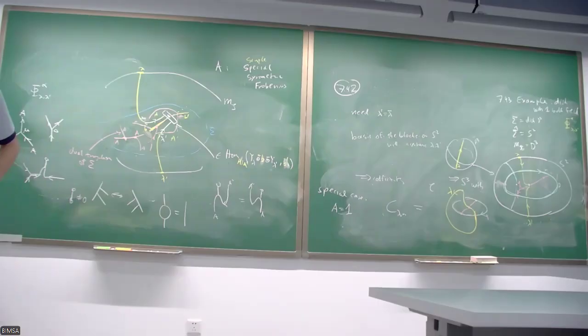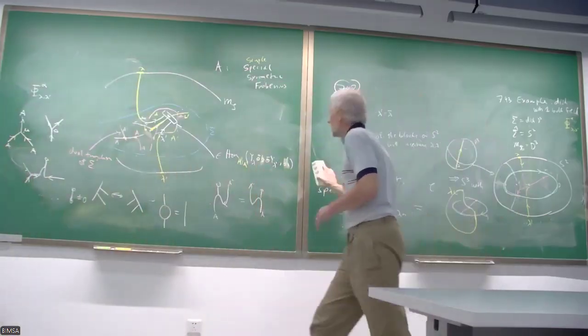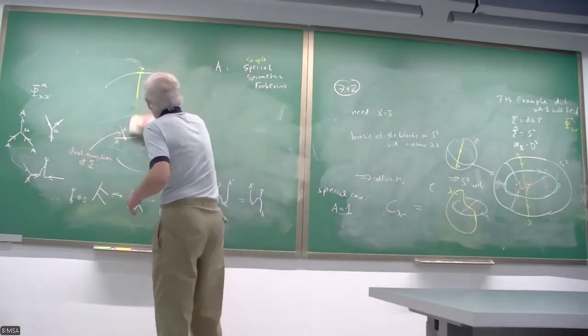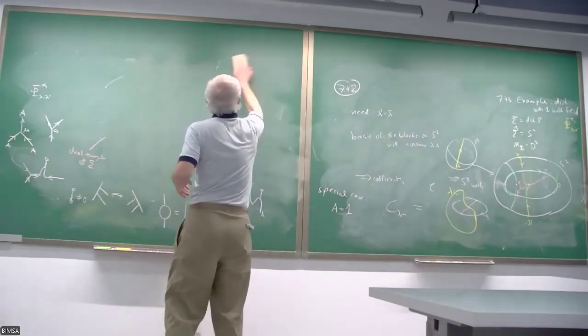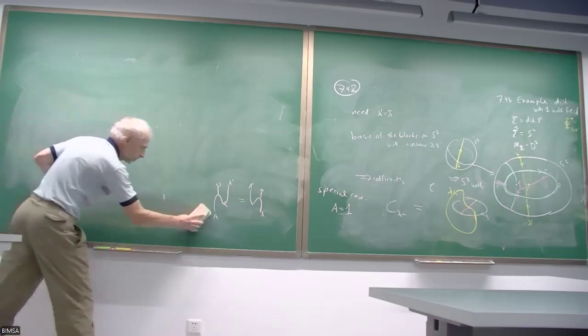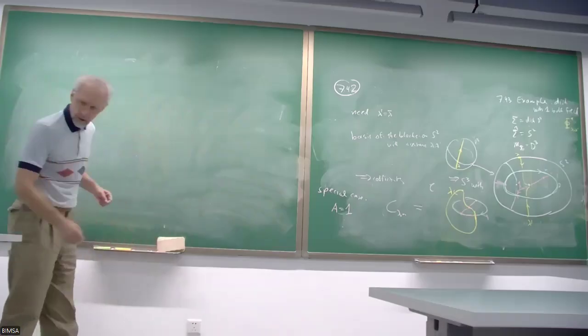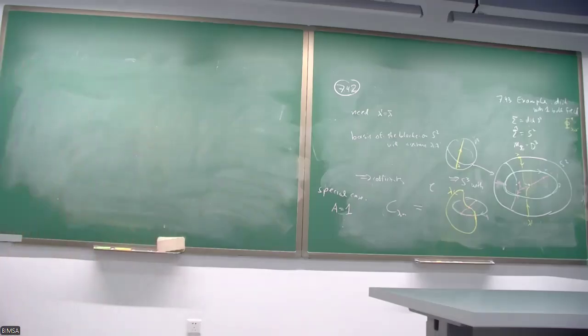I want to show this is another partition function, but no fields involved. And this is what one calls the annulus or cylinder partition function.